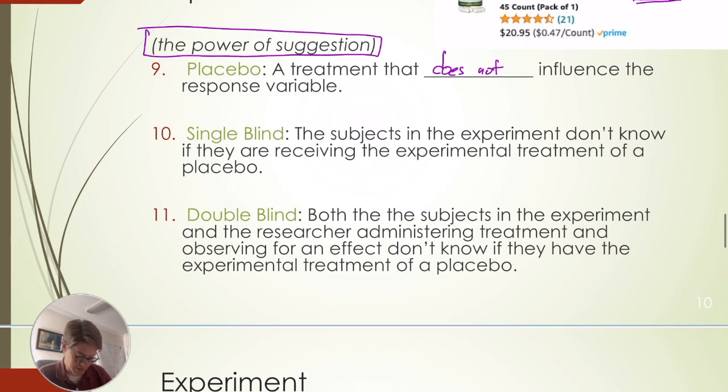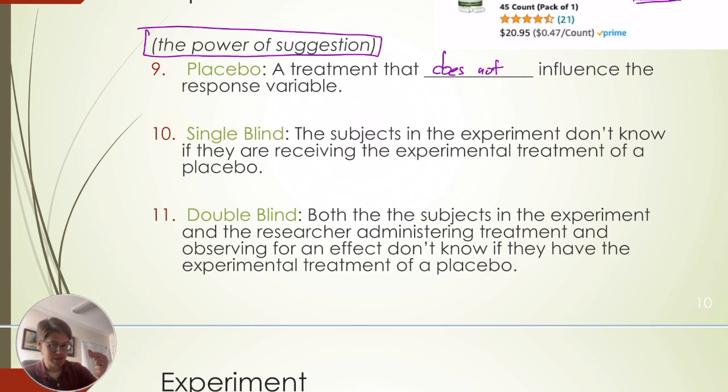Okay, now double-blind is where not only does the subject not know whether they're getting the treatment or the placebo, but the observers and the ones giving the treatment, they don't know either. And that's good, because you could imagine that the researchers may betray somehow whether the subject has the actual treatment or the placebo.